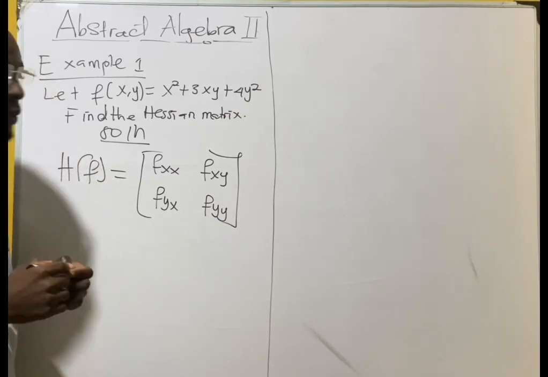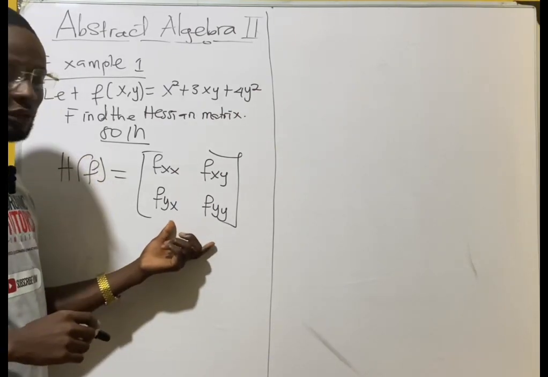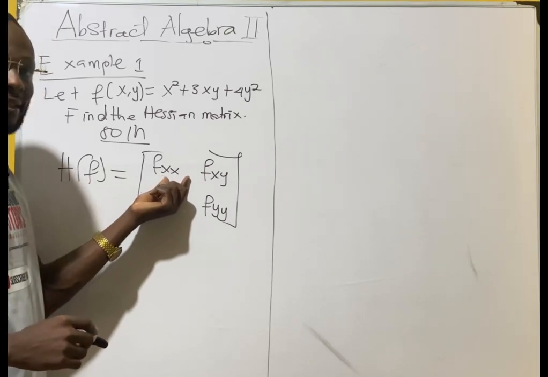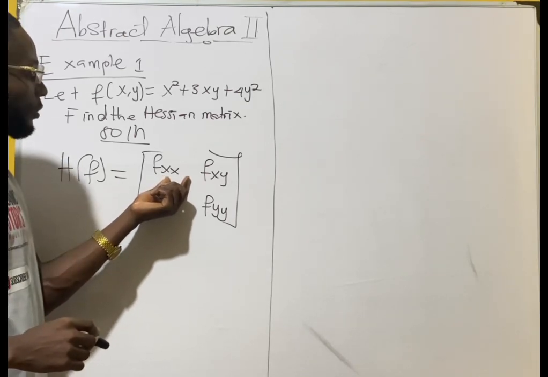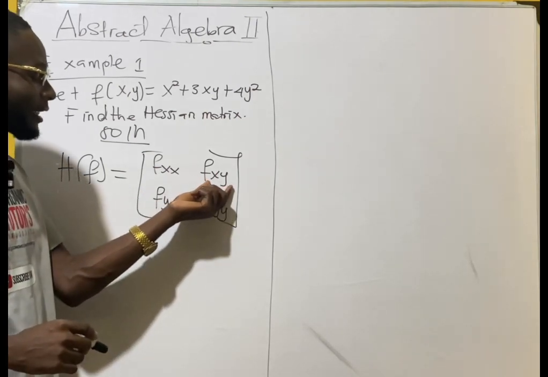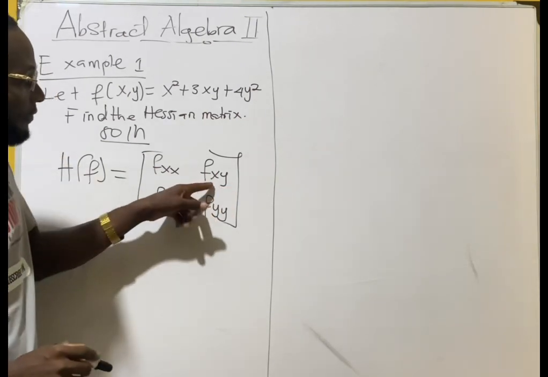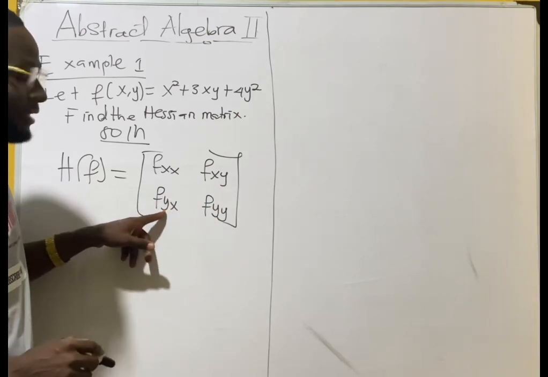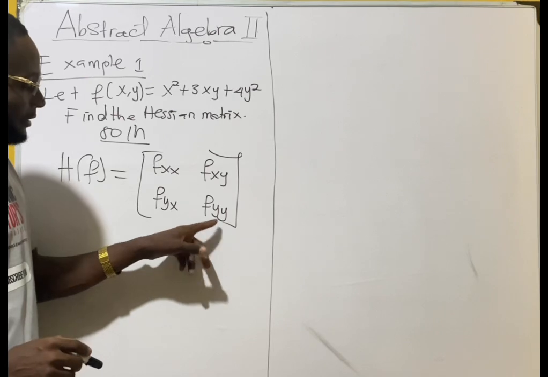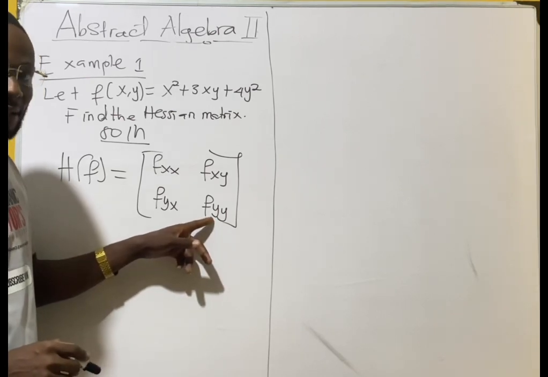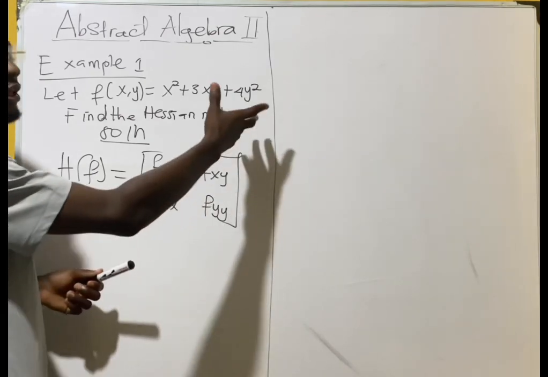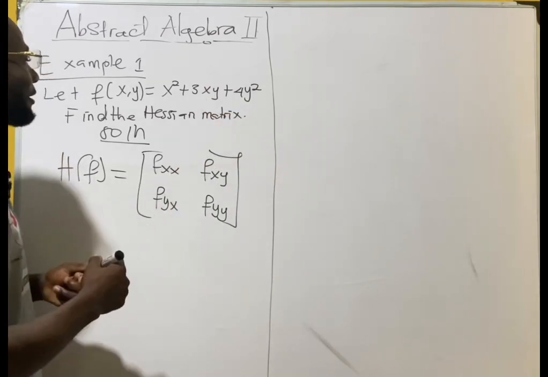So this is how we determine the Hessian matrix. The first element on the first row is the second derivative with respect to x, fxx. Then fxy, and the first element on the second row is fyx. The second element on the second row is fyy. Okay, so let's work it out from this example.